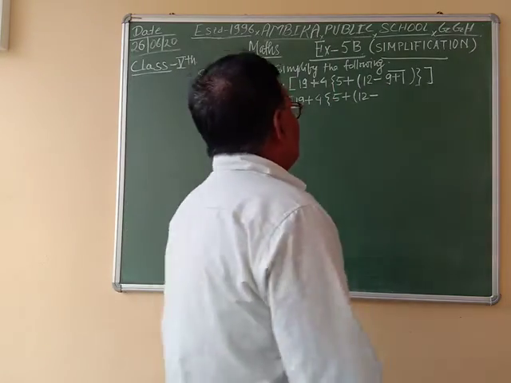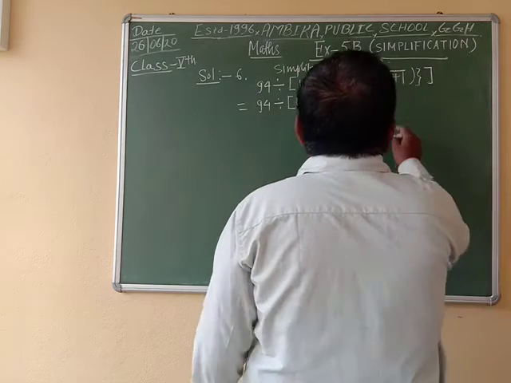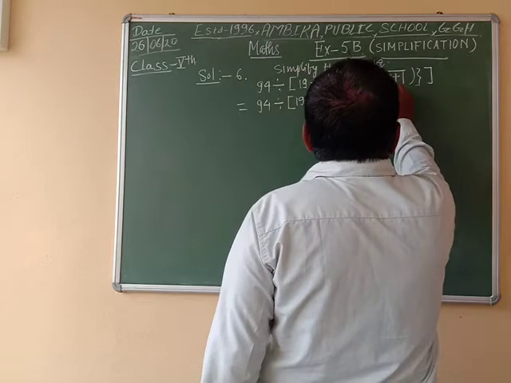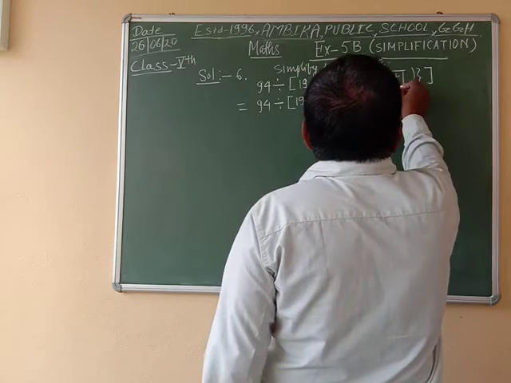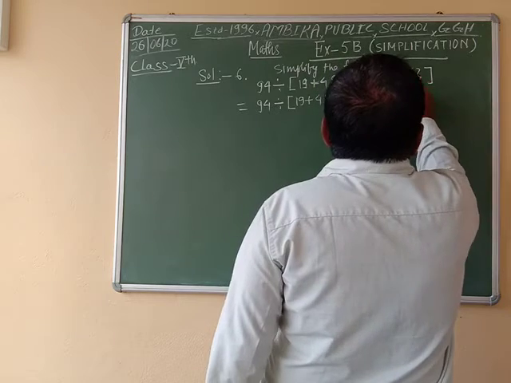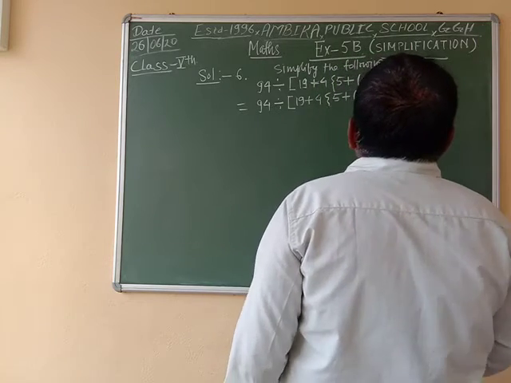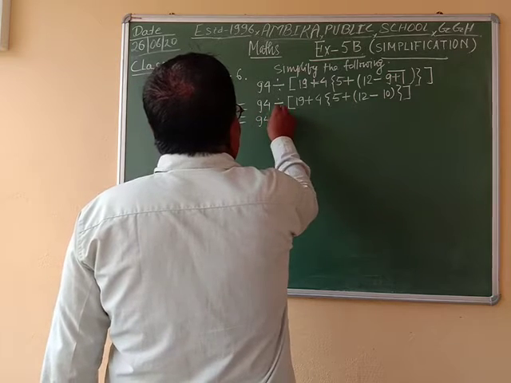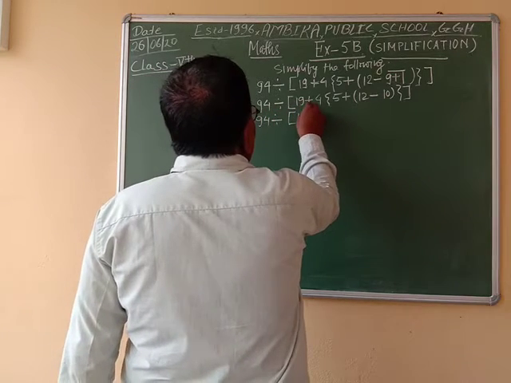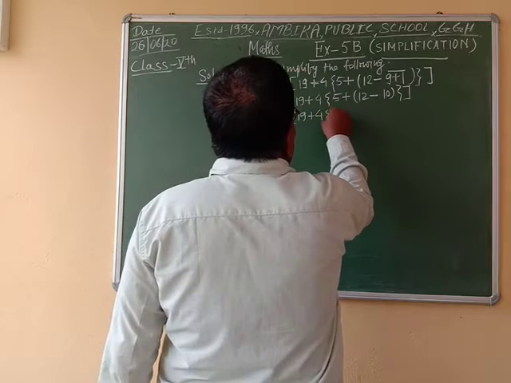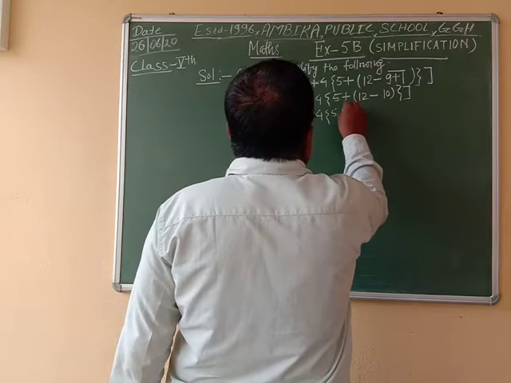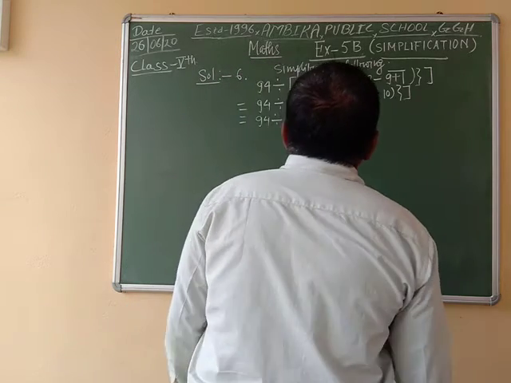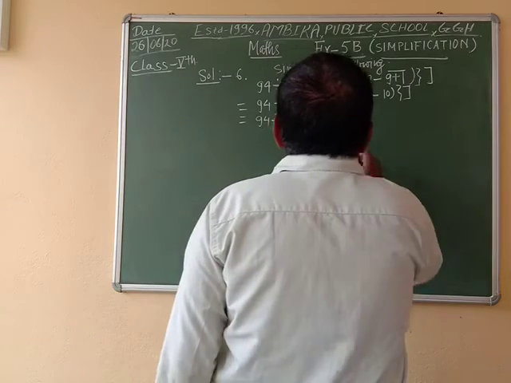Solving, 9 plus 1 is equal to 10. Is equal to 94 divided by 19 plus 4 curly bracket starts 5 plus 12 minus 10, which is 2.